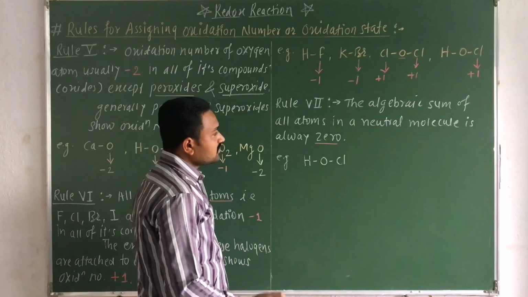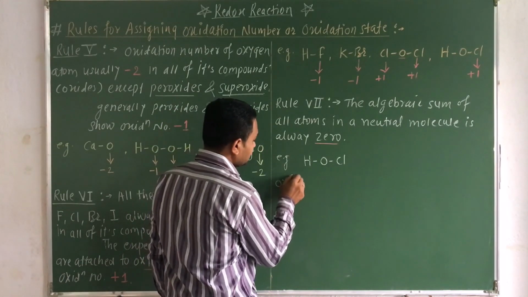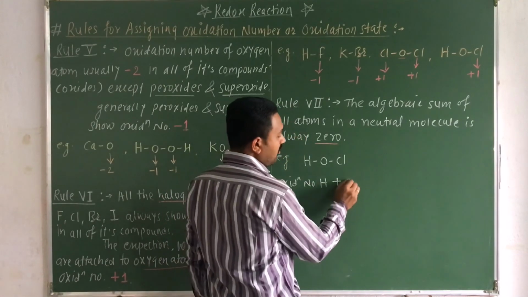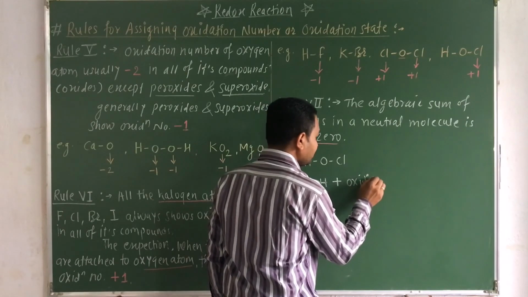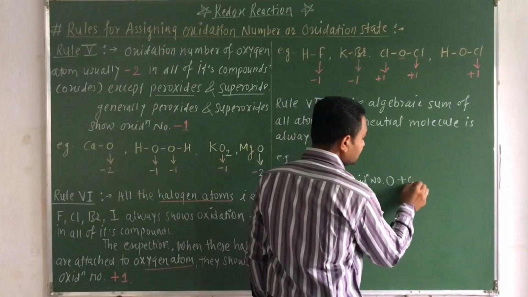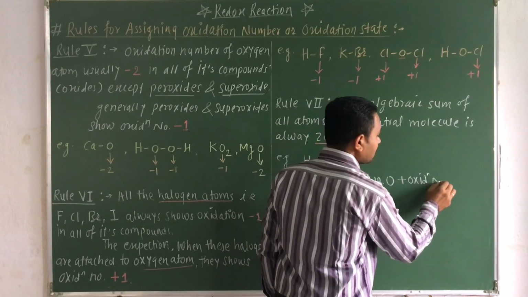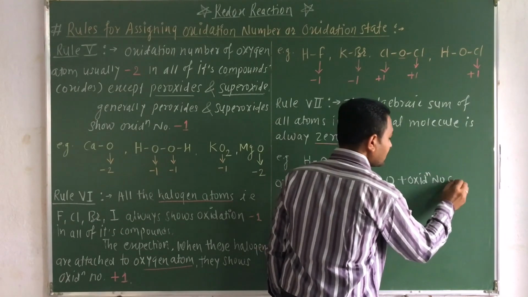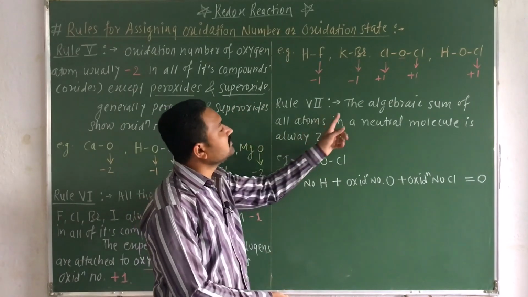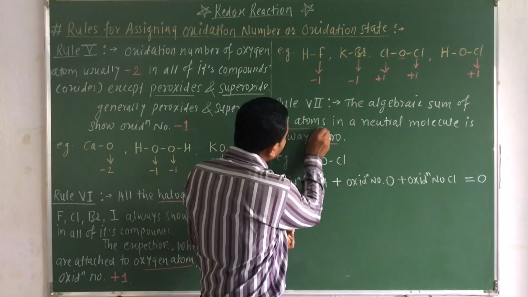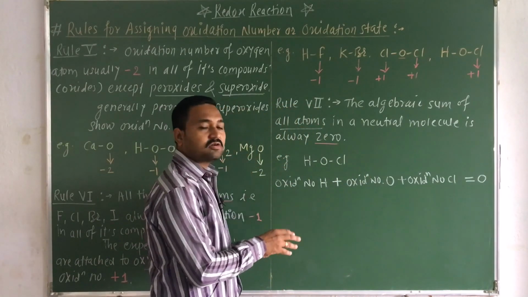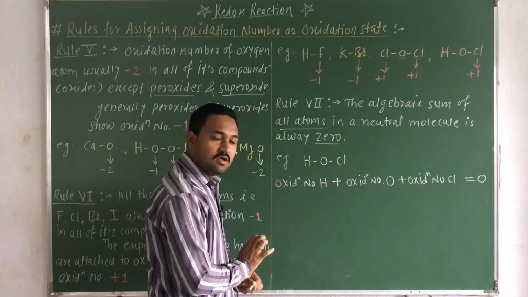So in short, this rule says that the oxidation number of hydrogen plus oxidation number of oxygen, okay, plus oxidation number of chlorine equals 0. So that is our statement. In short, the algebraic sum of all atoms in a neutral molecule is 0, okay. That means in short, a neutral molecule has the oxidation number equal to 0.